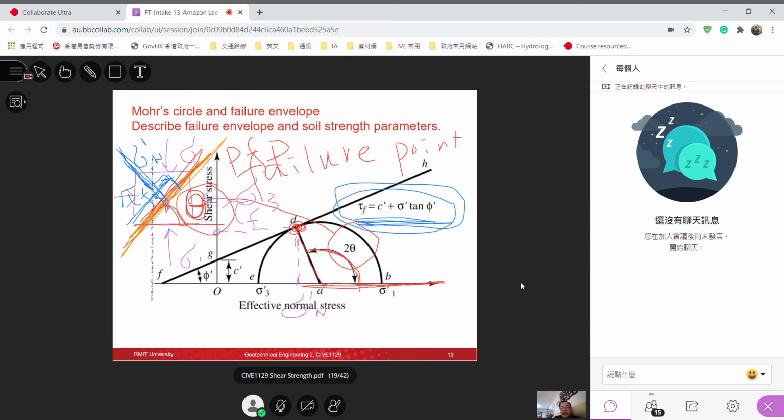this linear equation. We have 2 soil parameters that we need to take attention. One is cohesion intercept, and one is the angle of friction. Okay, so cohesion intercept is here, angle of friction is this angle. Okay, but make sure when you measure this angle, you have to plot shear stress in the y-axis, normal stress in the x-axis, but they have to be in the same scale.